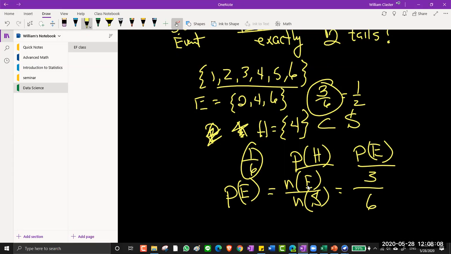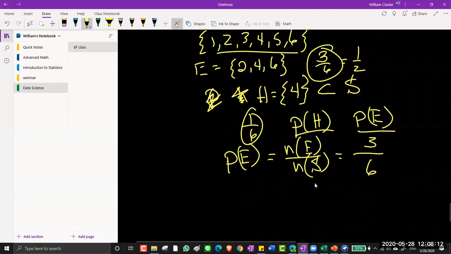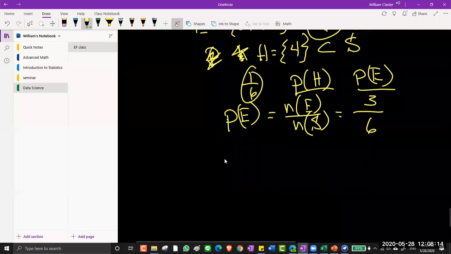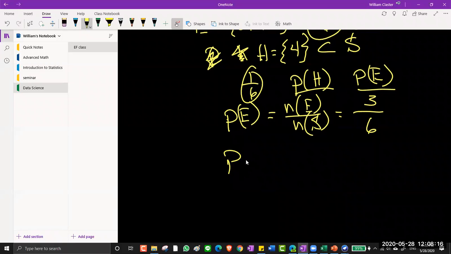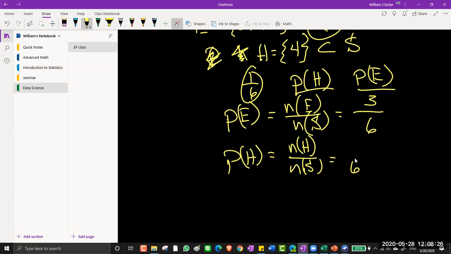So the number of elements in E divided by the number of elements in S. And the same kind of calculation for the probability of H: it's N of H over N of S. You're doing the 6 here, and the 1 there, and you get 1/6.